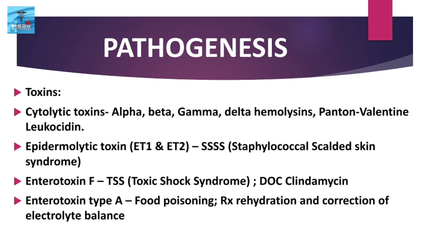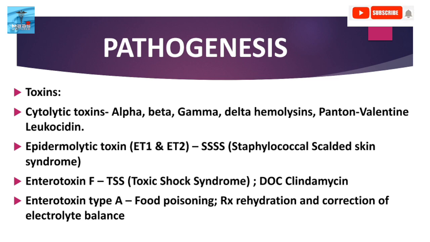Then about enterotoxin F, which is responsible for toxic shock syndrome, and in this case the drug of choice is clindamycin. Then about enterotoxin type A, which is responsible for food poisoning. There are also some other types of enterotoxins present, but the important one is type A enterotoxin.